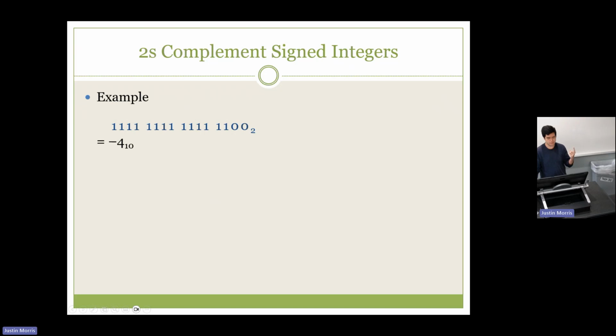Reverse every number. Yeah, so you invert everything. So you get all zeros except for 1, 1, right? And then there's one more thing that you need to do. You add 1, right? So I add 1, it ripples over to make this 1, and these are still 0. So that is 2 to the power of 2, which is 4. So we know this is -4.